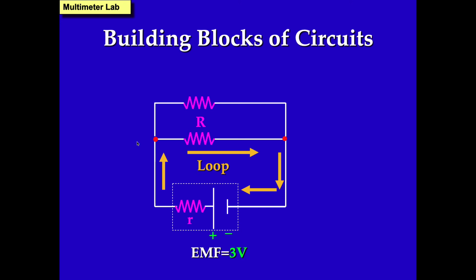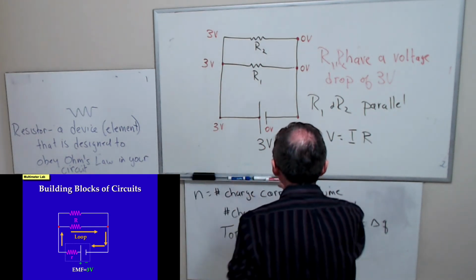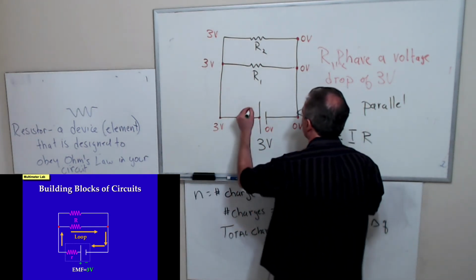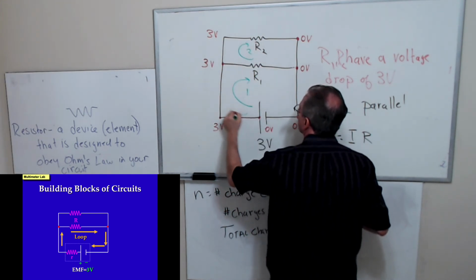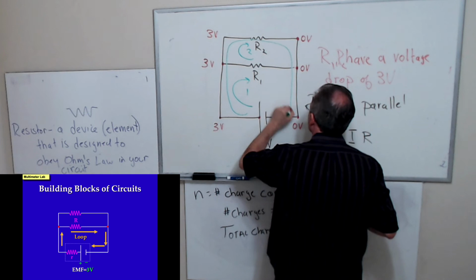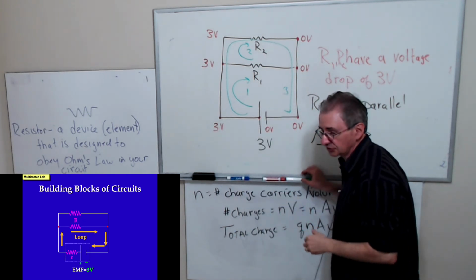Any closed path in a circuit is called a loop. So there's one loop shown there. Do you see that there's 3 loops in that circuit? Let me go to the board. There's 3 loops here. 1, 2, 3. And any one of those loops can be used to analyze your circuit.